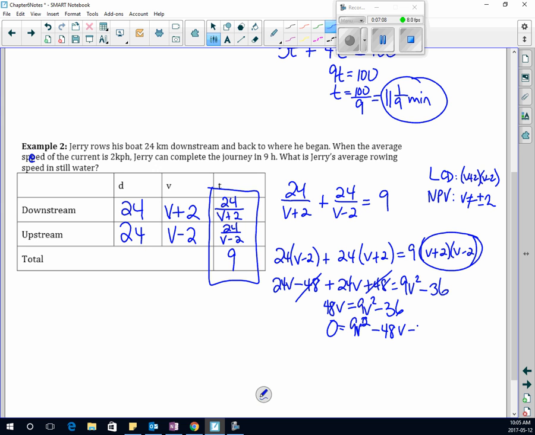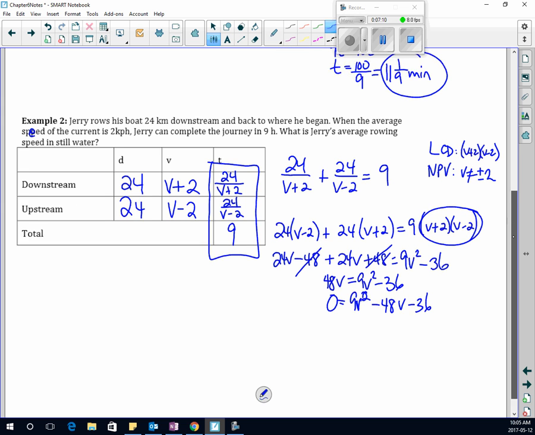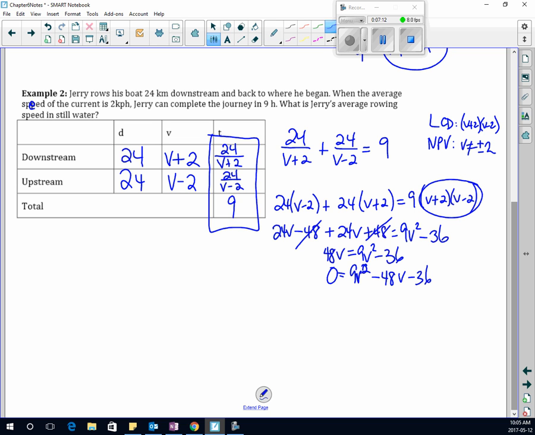So we will see. Now before I do that, I can see that I can divide both sides by 3 to make it a little bit less cumbersome to find factors. So divide both sides by 3, I get 0 equals 3v squared minus 16v minus 12. So that means, don't forget your equals 0.